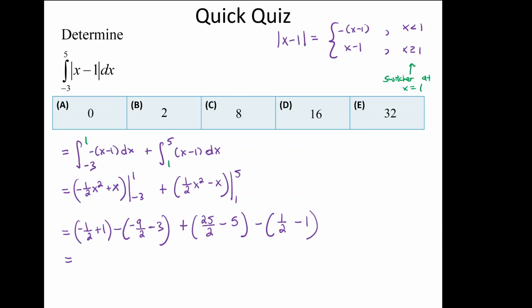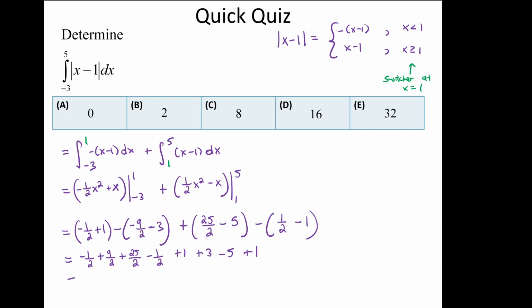Okay, and then simplify. So I'm going to put all the 1/2 stuff together. We have a -1/2, positive 9/2, positive 25/2, -1/2, and then add the integers together. Plus 1, plus 3, since negative times negative gives you positive, minus 5, plus 1.